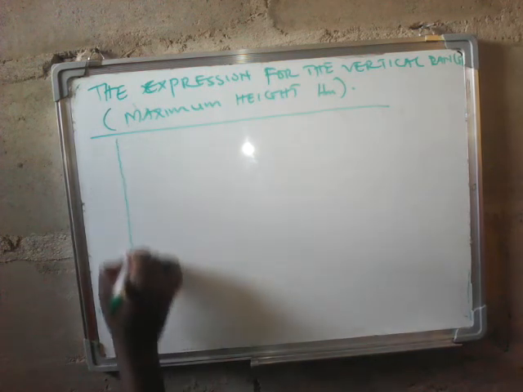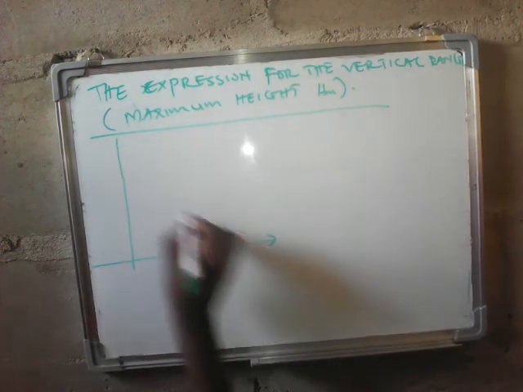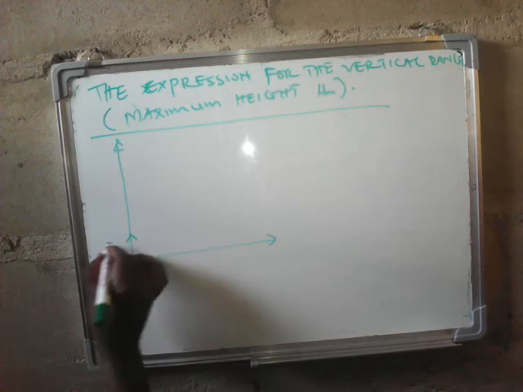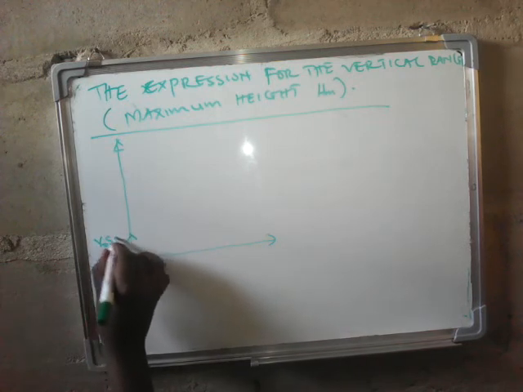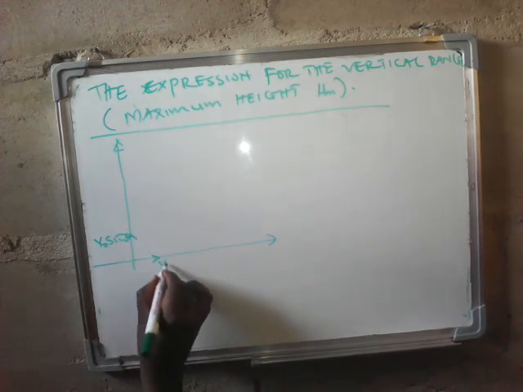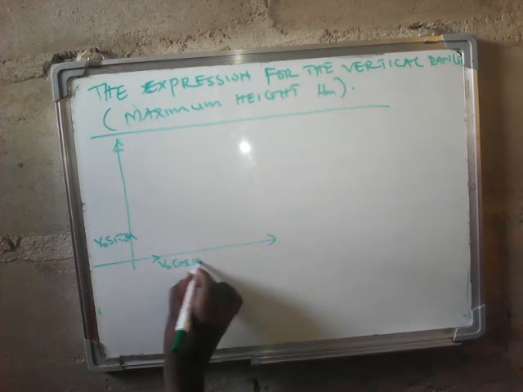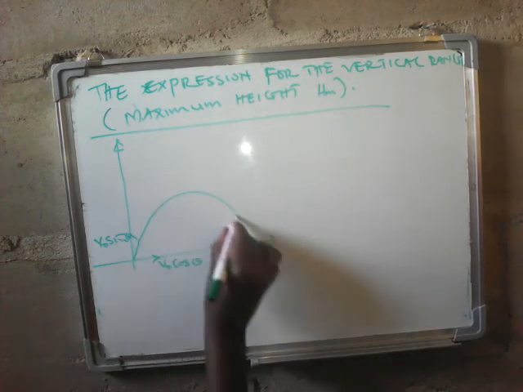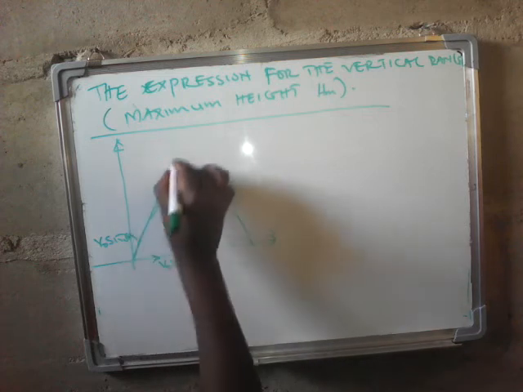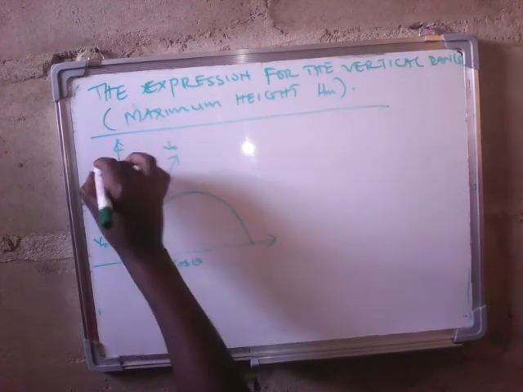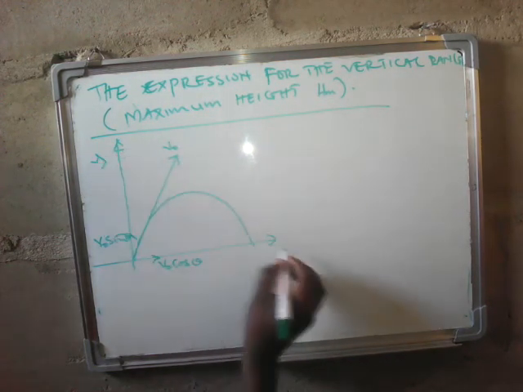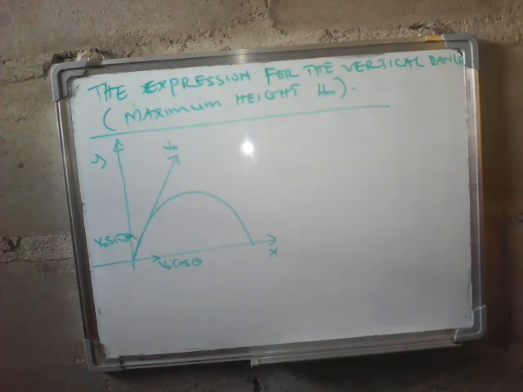Also, we shall sketch our projectile motion. We know this is v naught sine theta. This is v naught cos theta from what we have been saying, and then this is our v naught. This is our y-axis. This is our x-axis.